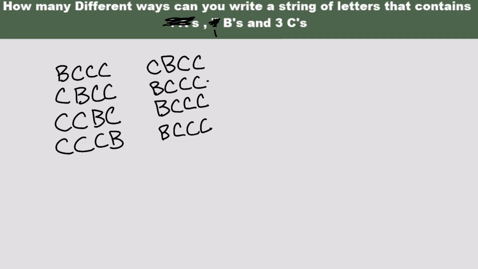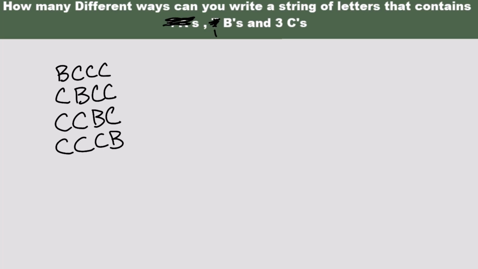If you noticed, these three are all exactly the same thing. Along with this one, it's already accounted for in our list. So all of these are redundant. But I will say, if our C's were unique, such that, think like a C1, C2, and a little C3, how many ways could we rearrange these three C's, and how many solutions would that get us?